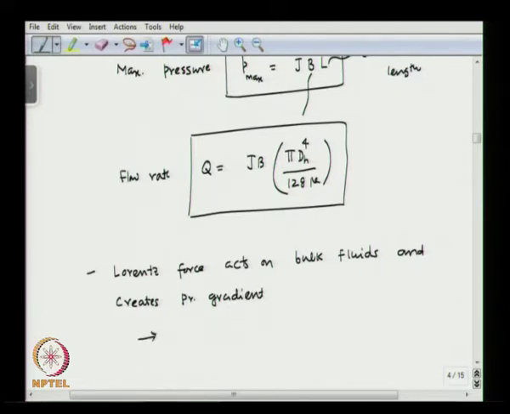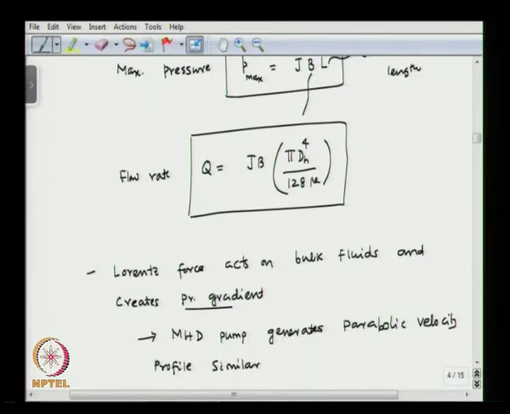The velocity profile is similar to that obtained for pressure driven flow. So the magnetohydrodynamic pump generates a parabolic velocity profile similar to pressure driven flow.